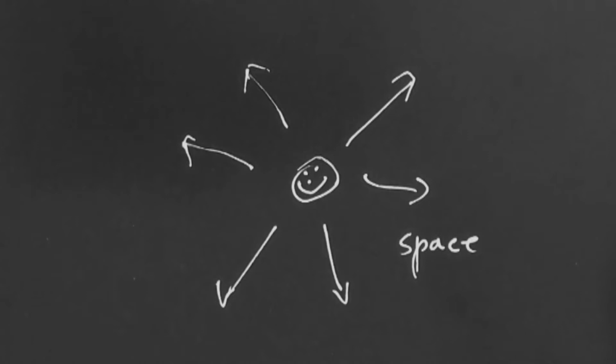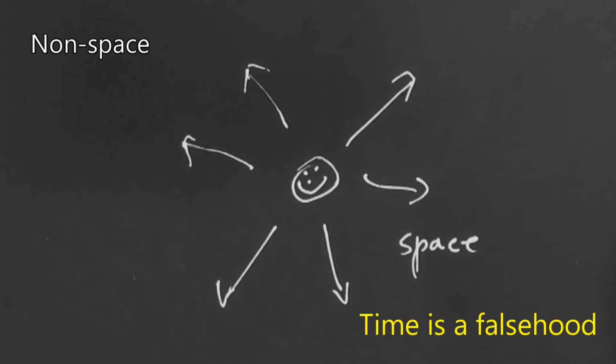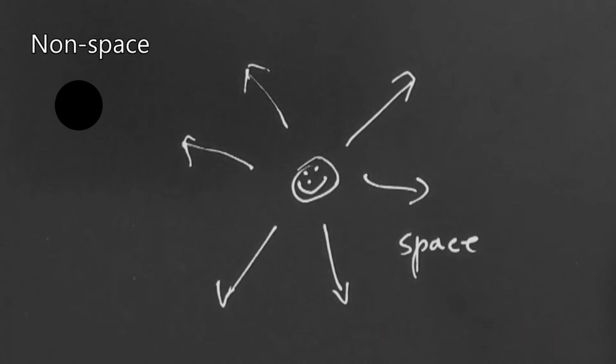To make something to look at in empty space, you can work with the non-space and space to create a falsehood, for example time, and flow something between space and non-space to make it persistent.